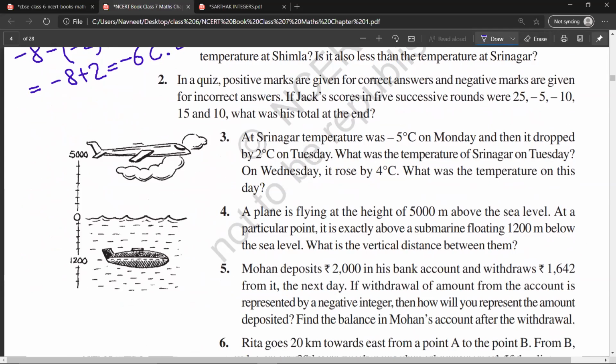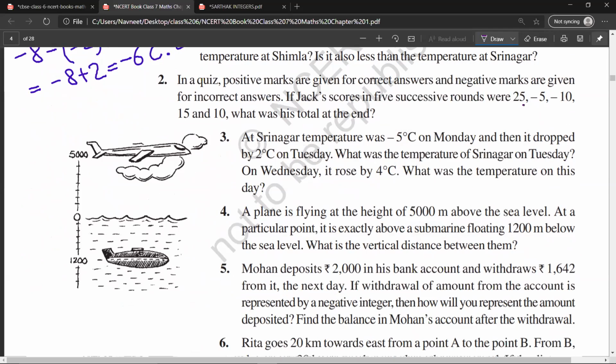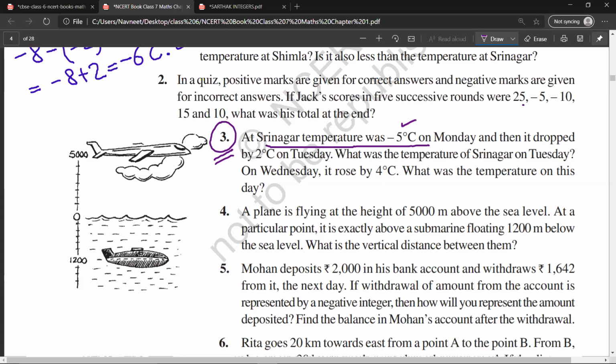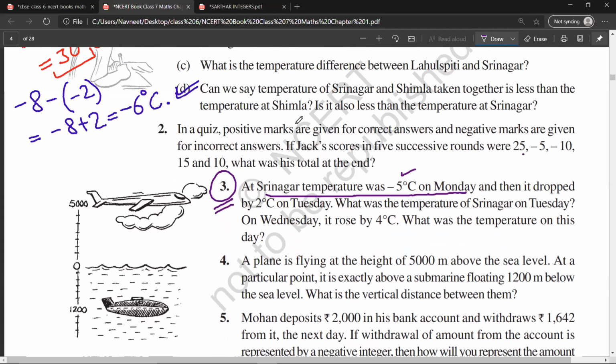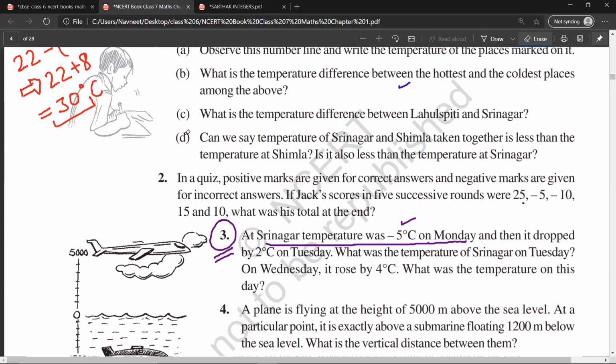Okay, let us do another question. Question number 3. At Srinagar, the temperature was -5 degrees Celsius on Monday, and then it dropped by 2 degrees Celsius on Tuesday.